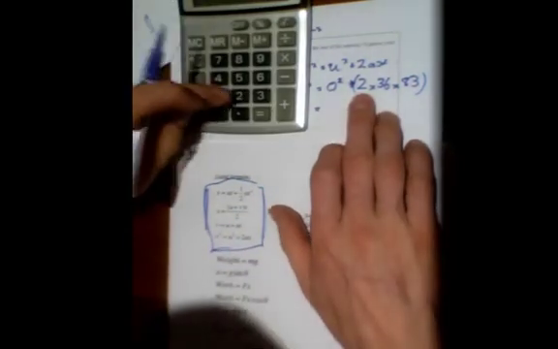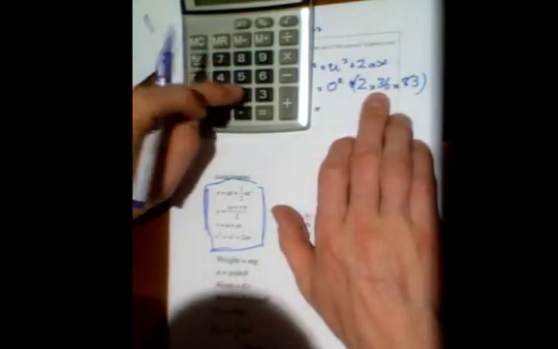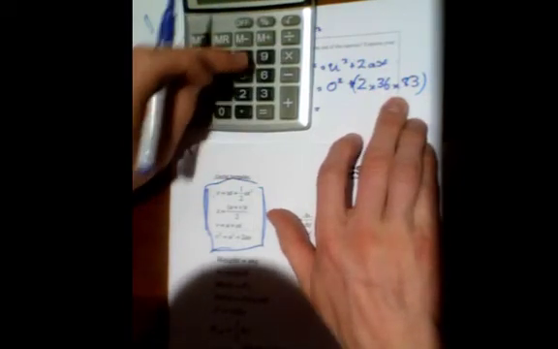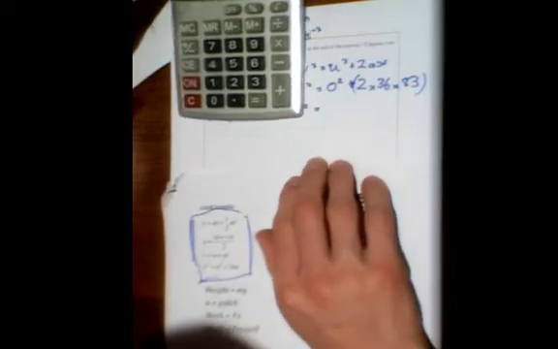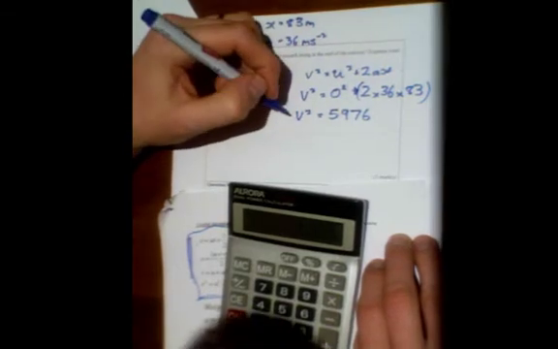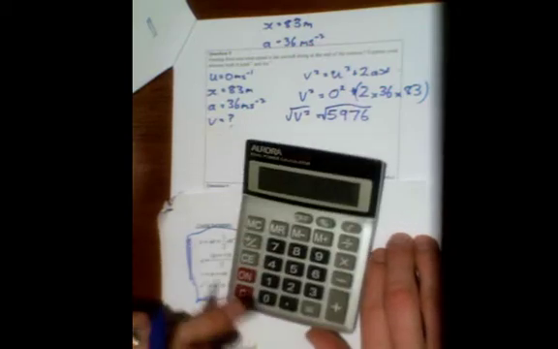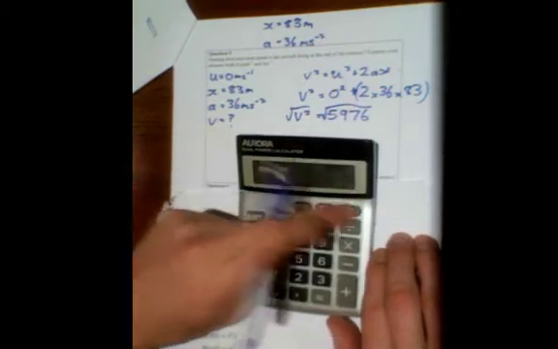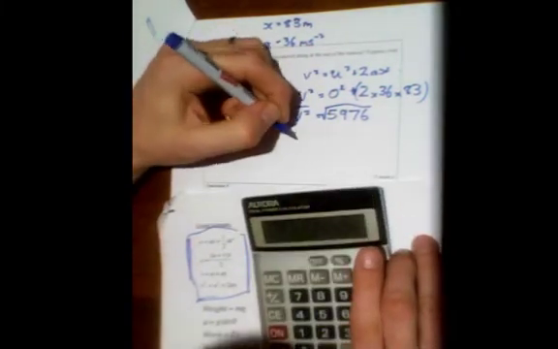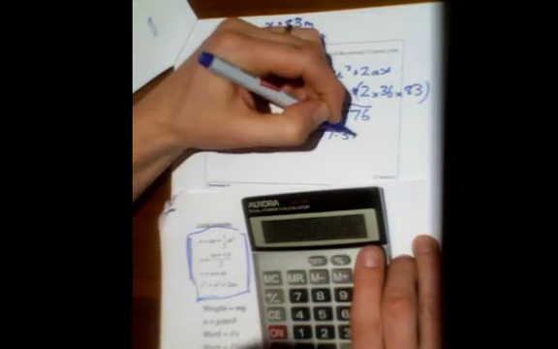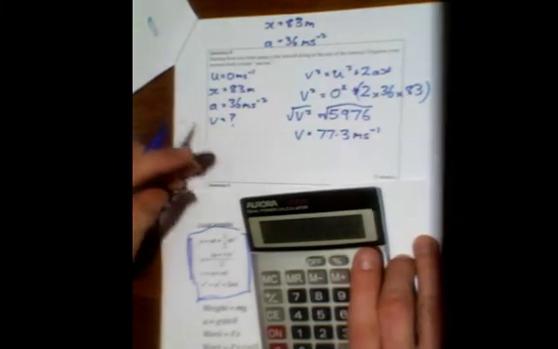So we're left with 2 times by 36 times by 83. 5976. Then we need to square root both sides to undo the square. And we square root that. V equals 77.3 metres per second.